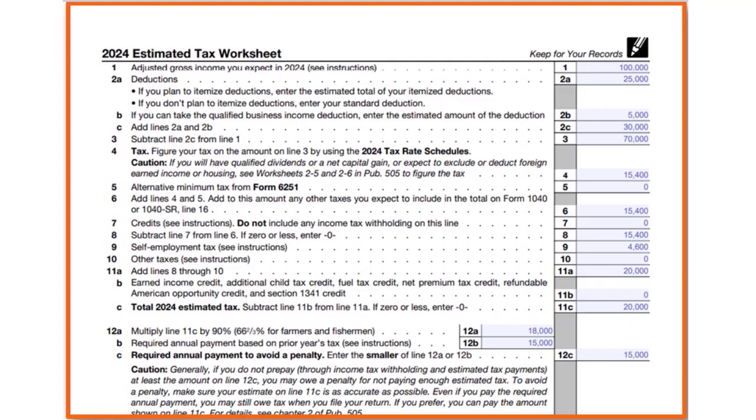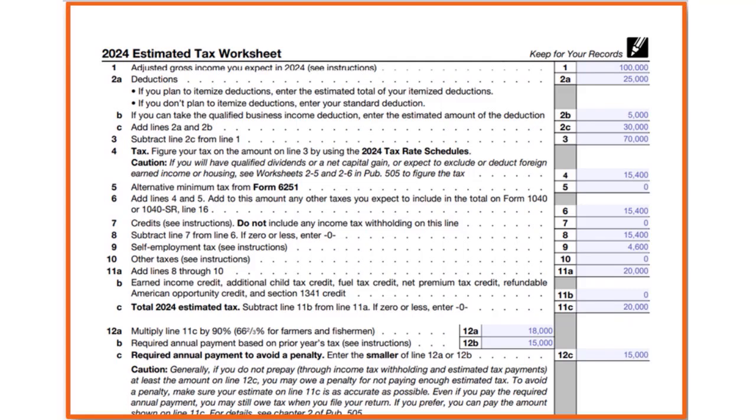On line 8, when you do the math, you have the 15,400 and the self-employment tax here, $4,600, and when you add the two, you have $20,000. So the total estimated tax for this year, based on our hypothetical example, is $20,000. On line 12a, when you multiply 11c by 90%, so 20,000 by 90%, you have 18,000.